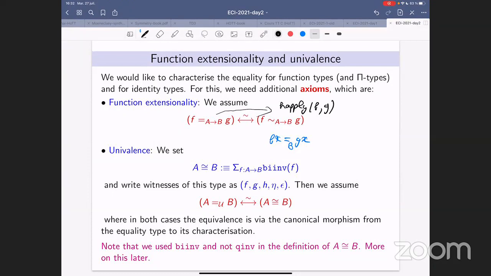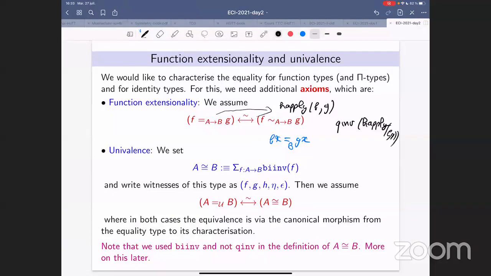Why is it easy to define such a function? Because it's a function from an equality type. So in order to define it, we can just do it by path induction, which we will do. While from here to here, there is no tool. I don't know how to do this. Okay, so what function extensionality says is that we have qinv of happly f g.